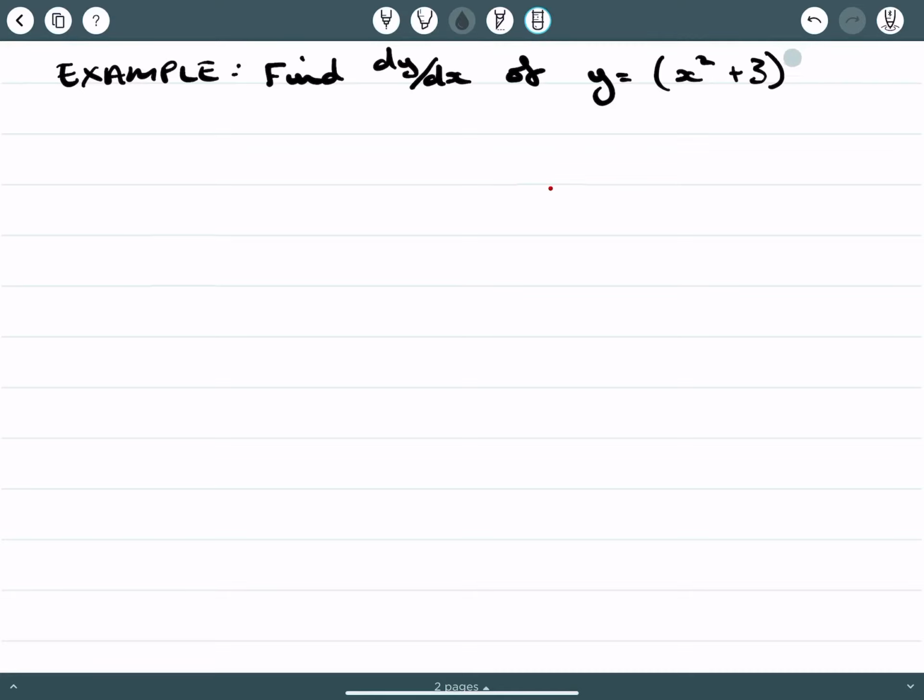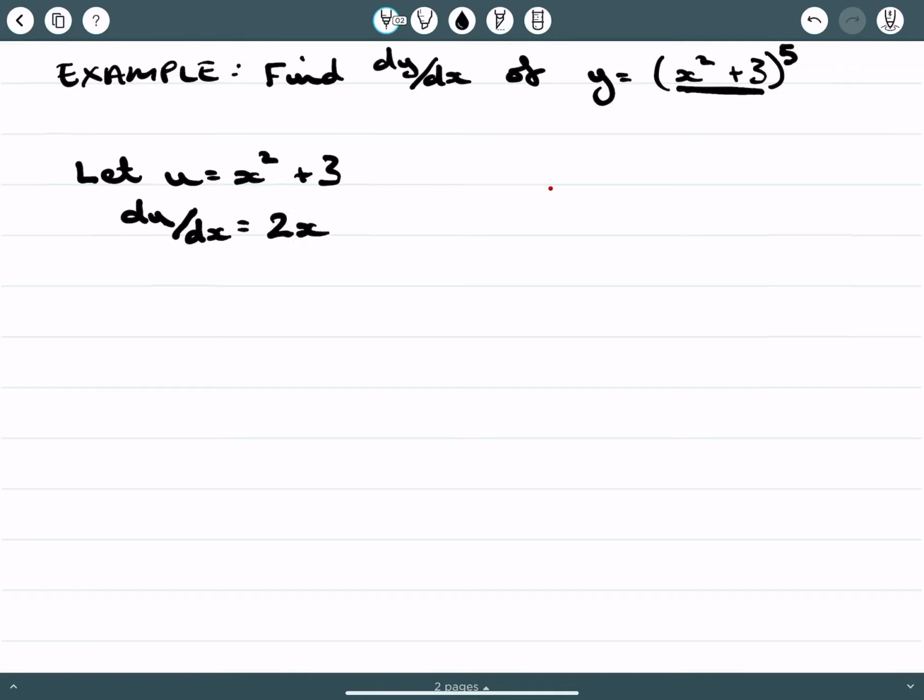I'll just write it out a little bit neater. So what we would say first of all is let u equal the embedded function, x squared + 3. du/dx is then going to equal 2x.